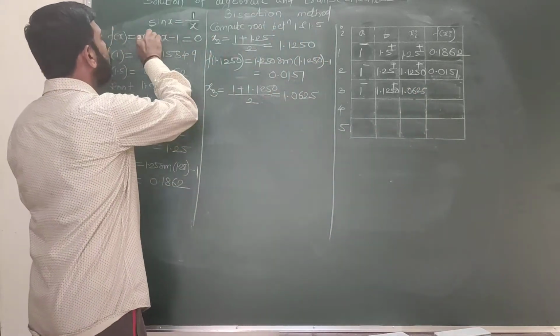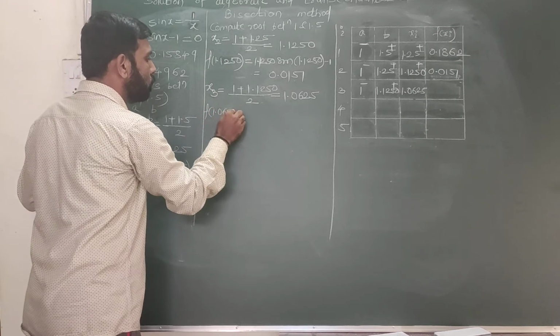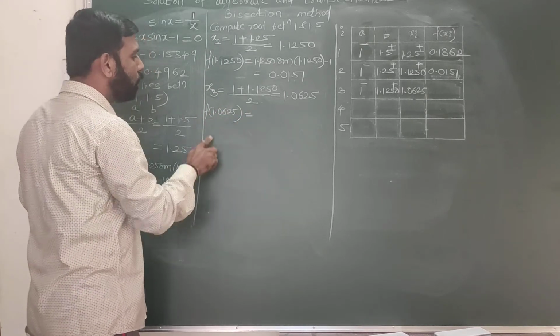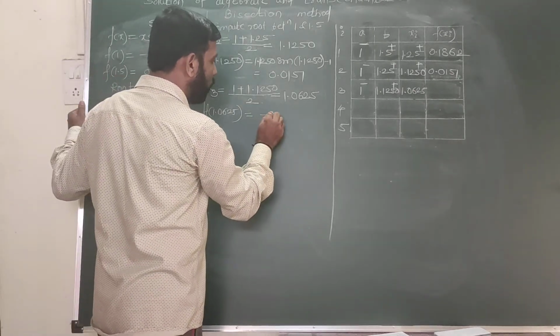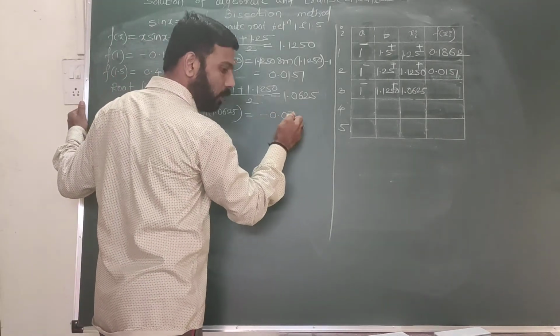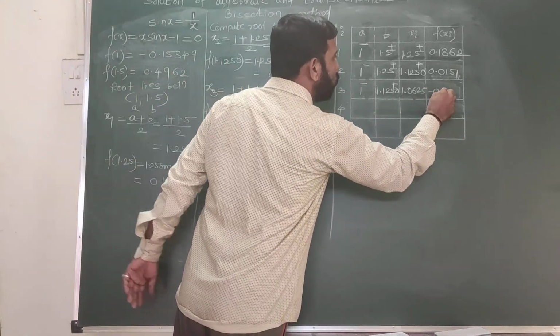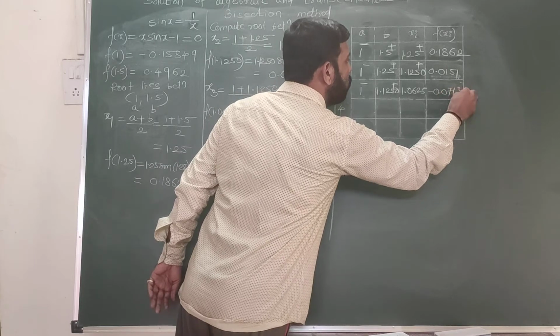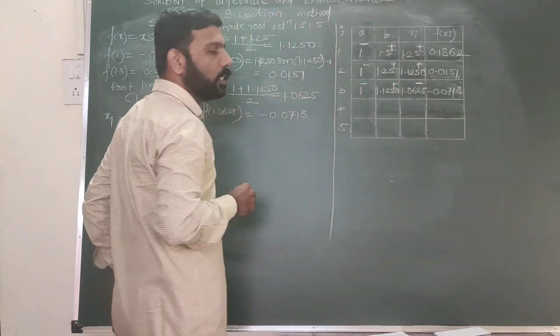Substitute this value in the polynomial, and the output is minus 0.0718. So the minus symbol is given for this number.